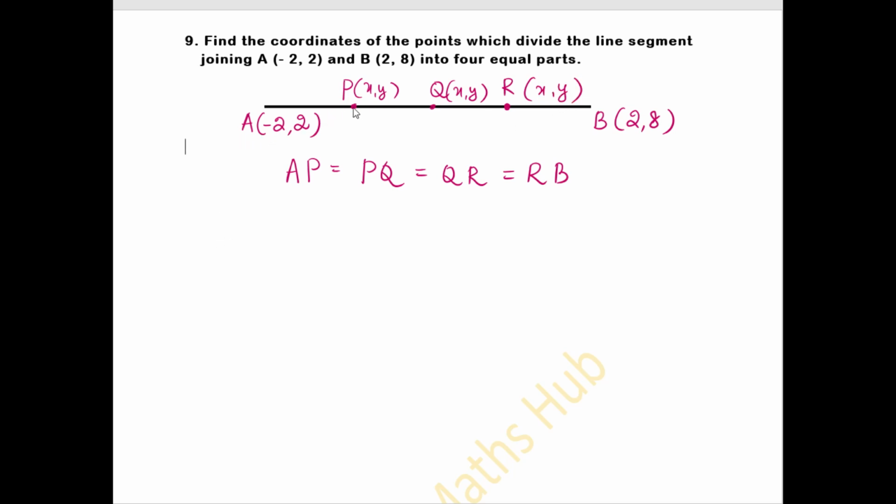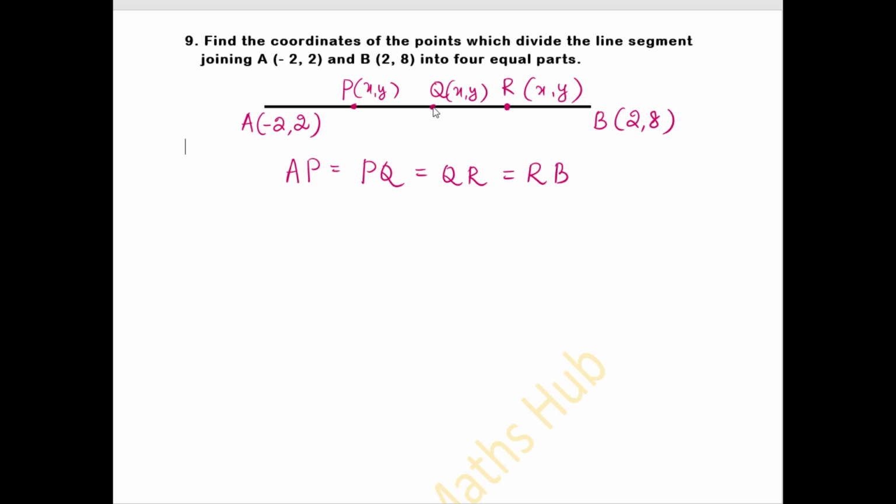Now the point P divides the line segment in the ratio 1:3. We'll find the point P by using the section formula, using the points A and B and also the ratio 1:3.